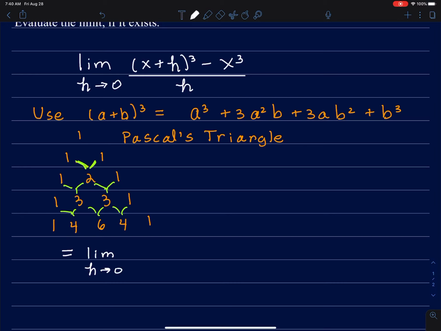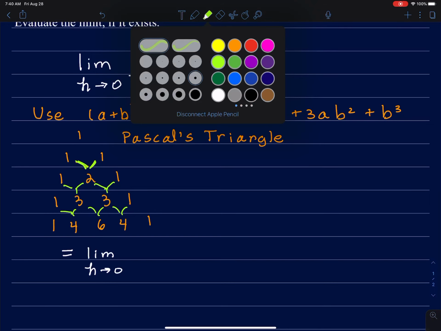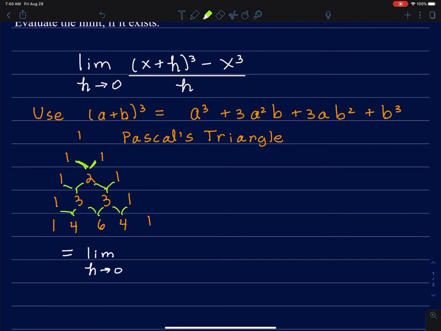Again, Pascal's triangle gives us the coefficients for the expansion of a binomial. 1, 3, 3, 1 is what we get with this expansion.